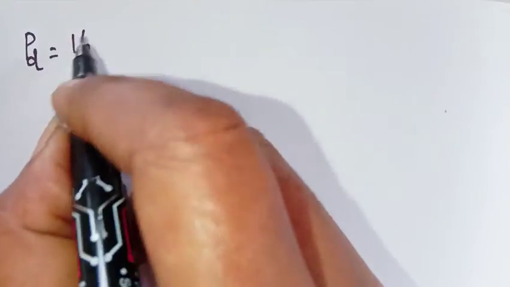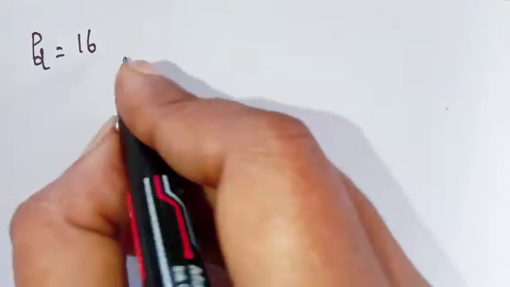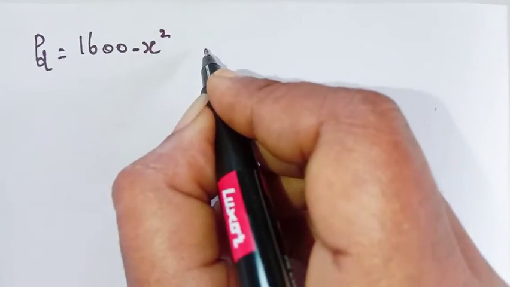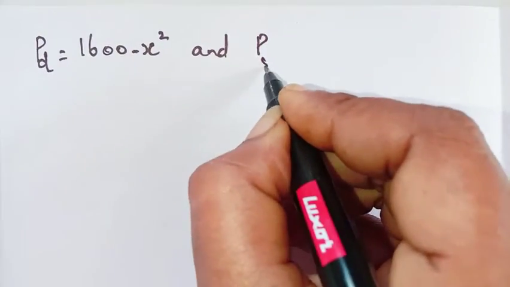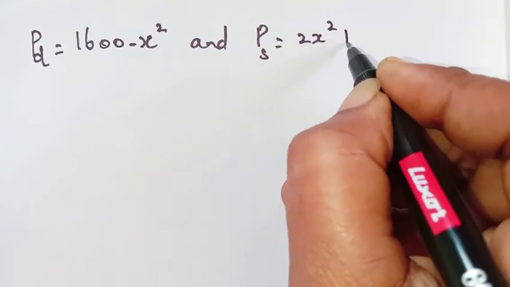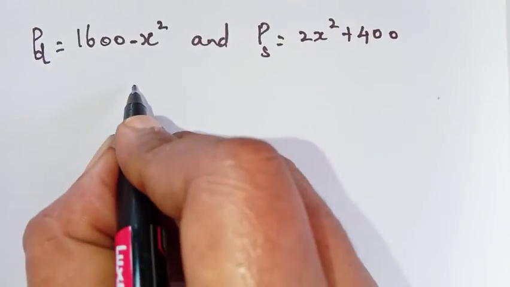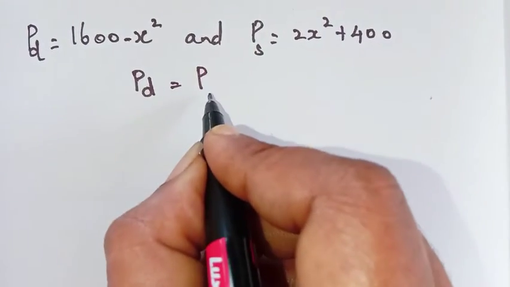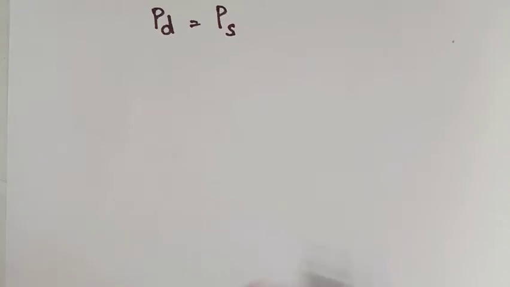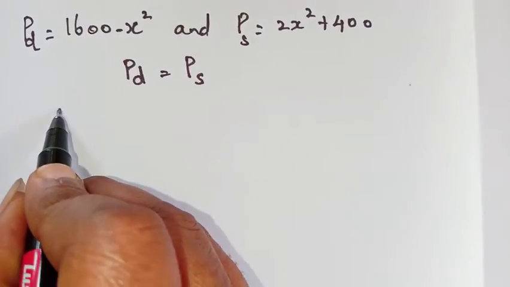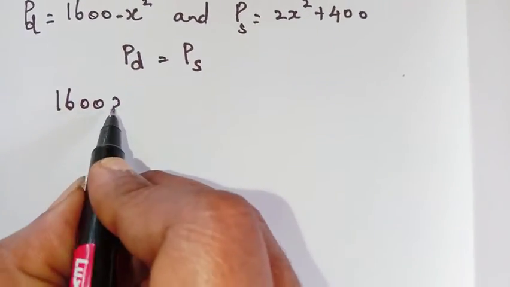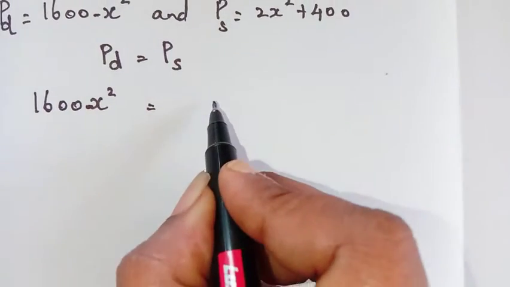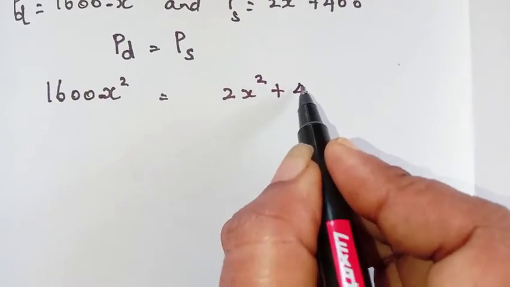In the sum, PD demand is 1600 minus x square and PS supply is equal to 2x square plus 400. We have to find the consumer surplus and producer surplus, so first equate demand and supply: 1600 minus x square equals 2x square plus 400.